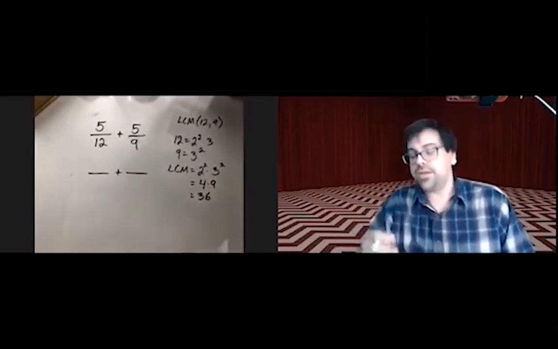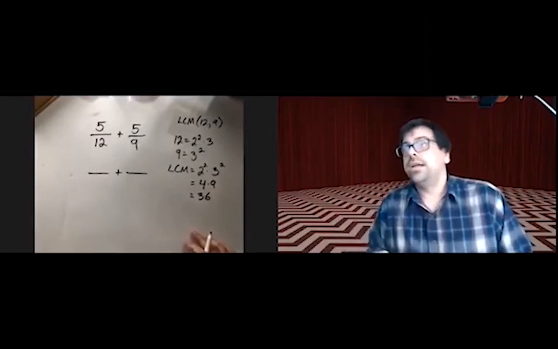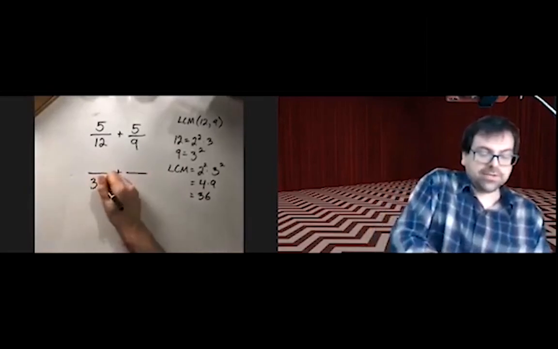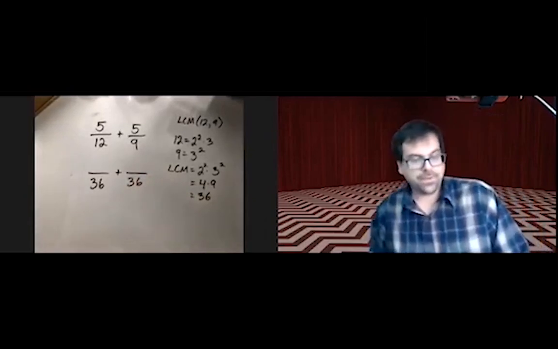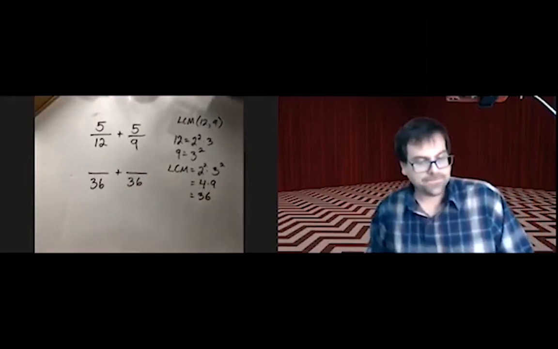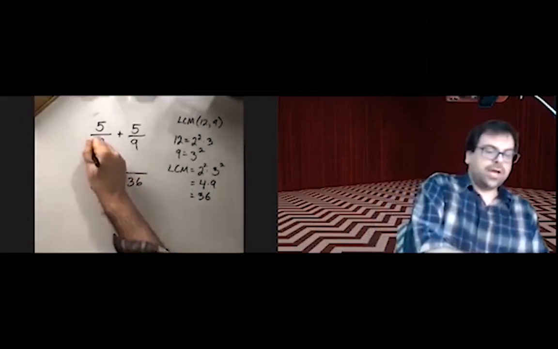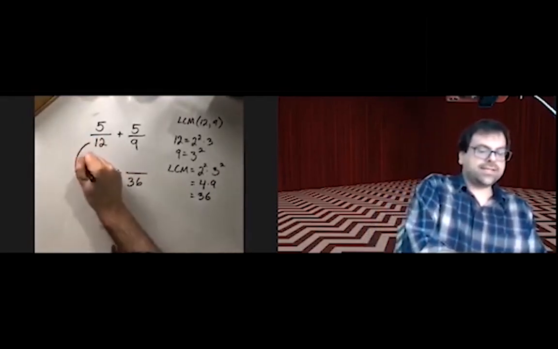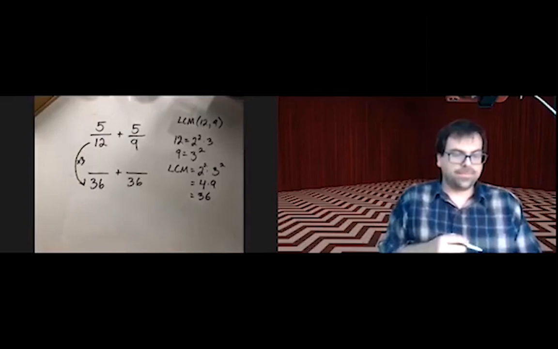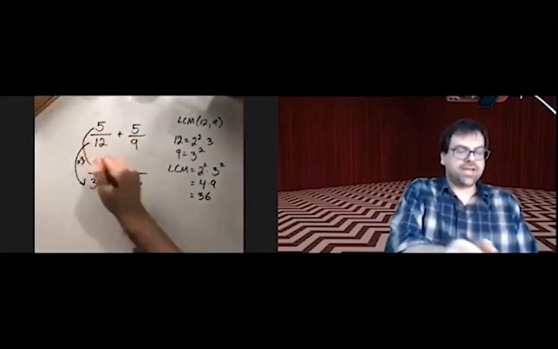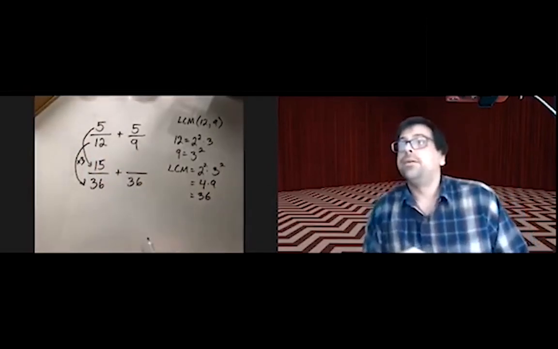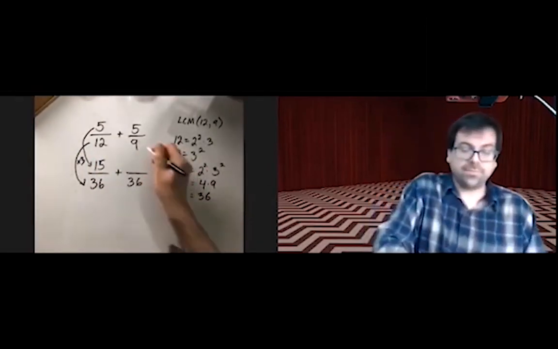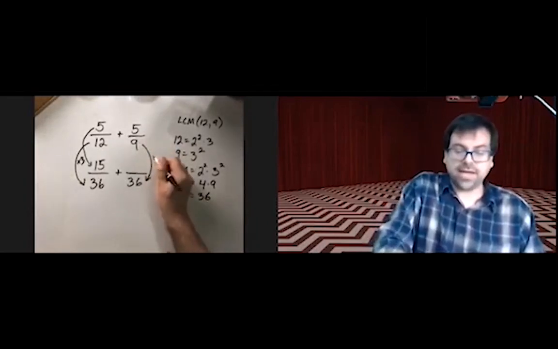If you don't know your multiplication facts, you're going to have trouble with these. You need to know how to multiply and divide in order to add and subtract fractions. How do we get from 12 to 36? That's times 3. So we have to do 5 times 3. That's 15. How do we get from 9 to 36? That's times 4.